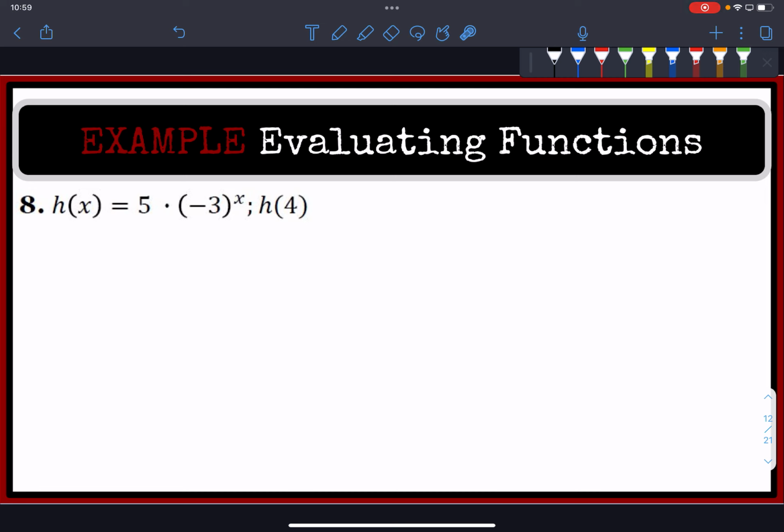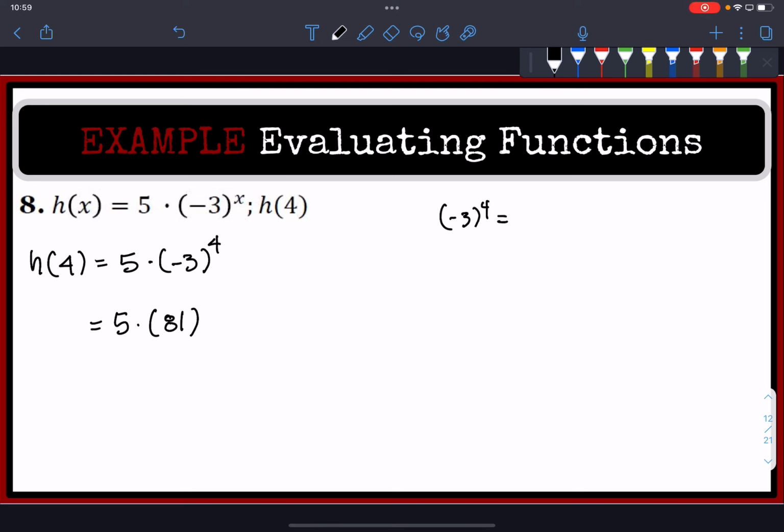So here, just simply substituting in 4 for our x value, we end up with negative 3 to the 4th power. Well, negative 3 to the 4th power is equal to 81, because negative 3 to the 4th means we have negative 3 times negative 3 times negative 3 times negative 3, which is 9 and 9.